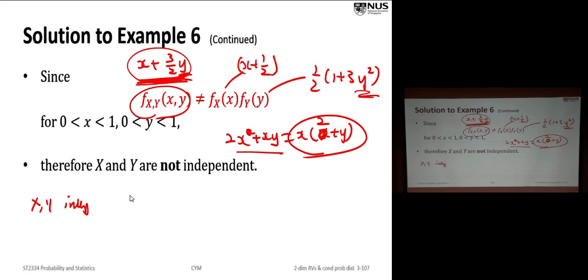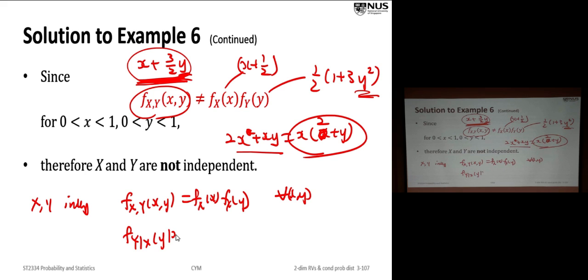By definition, f of xy is equal to f of x times f of y, for all x, y. But you can also have f of y given x equal to f of y, or f of x given y equal to f of x. These three identities are equivalent.